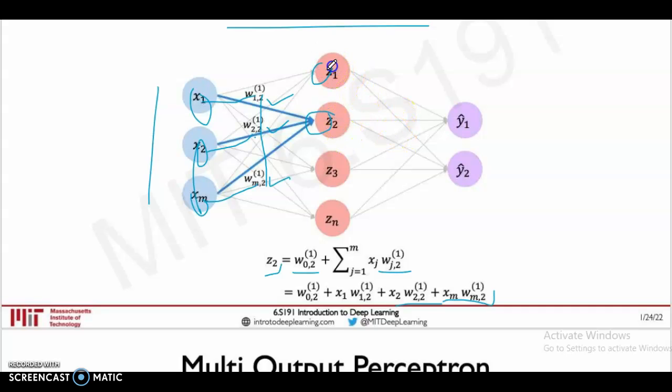For z1, z2, this one is weight 1, weight 2, weight 3 up to weight m.